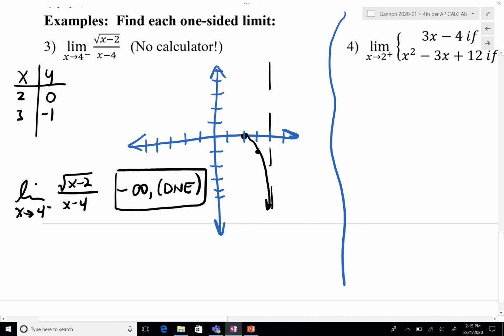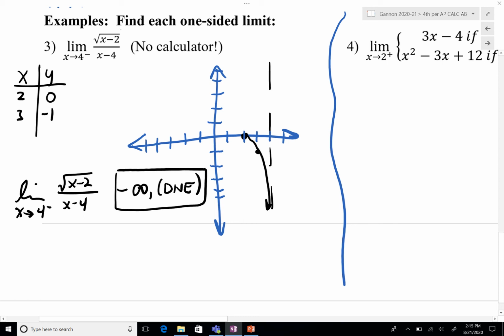Now, some things that are worth noting in here. I could plug in some other values that are larger than 4 to see what's happening to the right, but I didn't need to focus on that here. Something else that's important to remember for problems that are going to come up later is my numerator is a square root function.